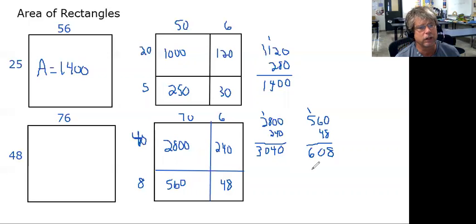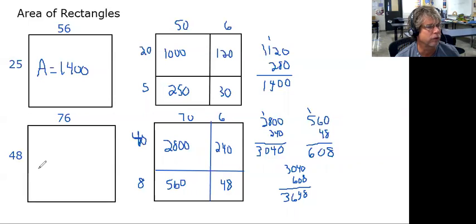So if I add these two together, the 3,040 and the 608, it looks like 3,648 would be the area.